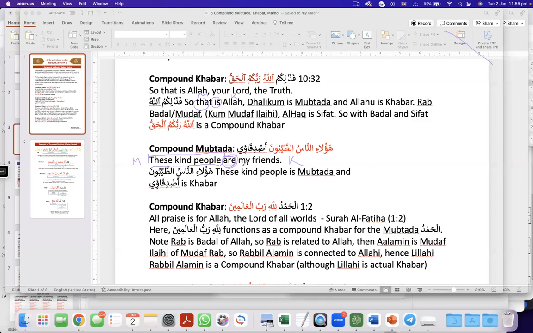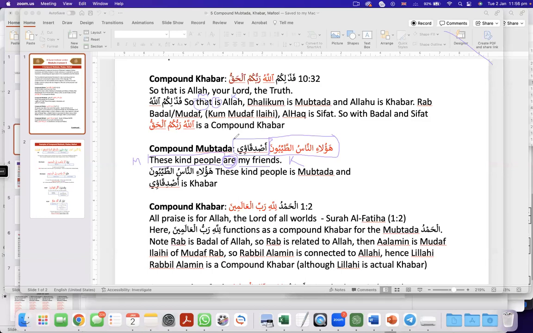Because the meaning, as you can see, this is playing the role of the subject, and this is the role of the khabar. These kind of people are my friends. Compound mubtada. Haulai nasu taibuna.